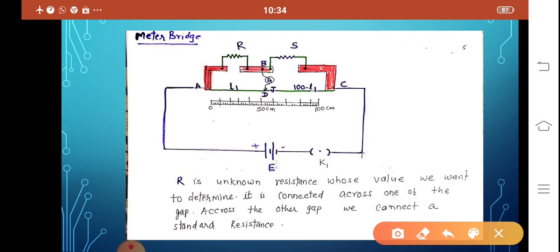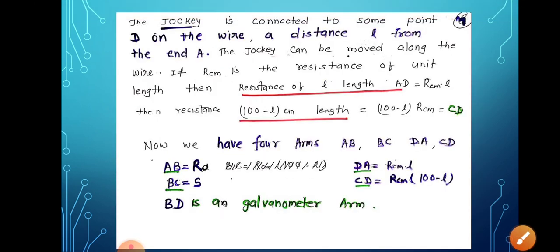So in the gap of the meter bridge, we connect here the unknown resistance and the standard resistance. Now let us consider that the jockey is connected to some point D on the wire, a distance L from end A. The jockey can be moved along the wire.